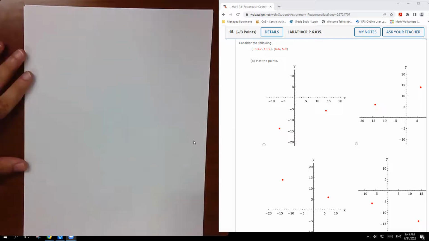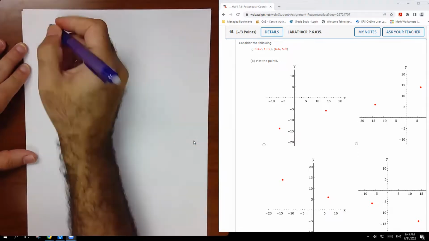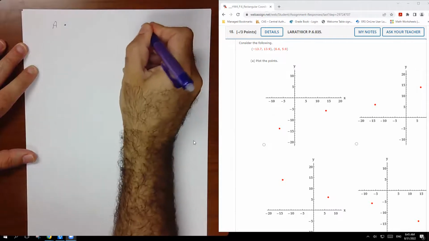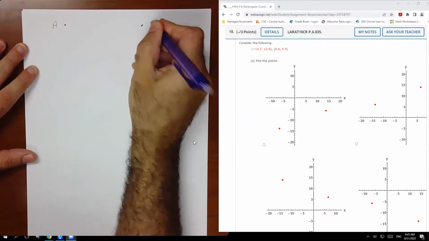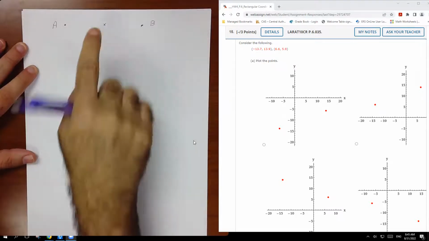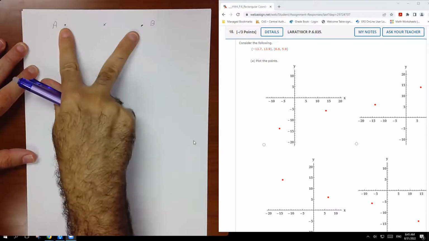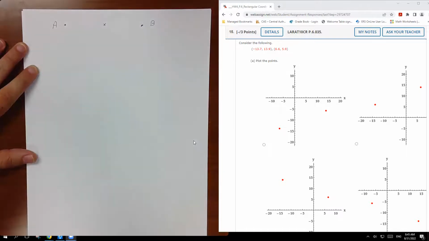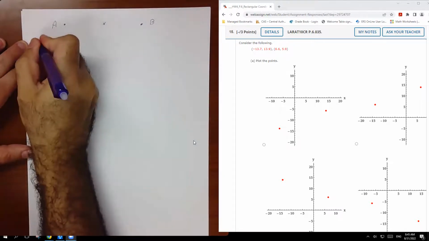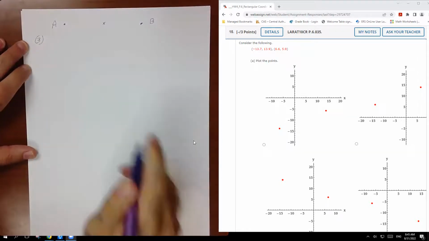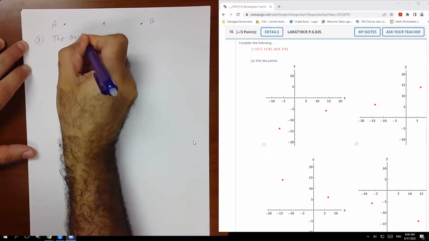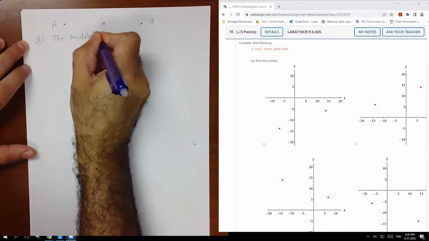For example, if we have 2 points, the first point is A, and the second point is B. We need to find the midpoint here, which is the point exactly between A and B. So there is a formula called the midpoint formula. This is the third part of this section, the midpoint formula.